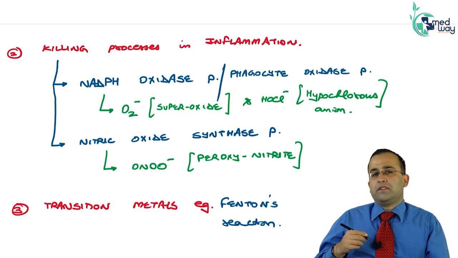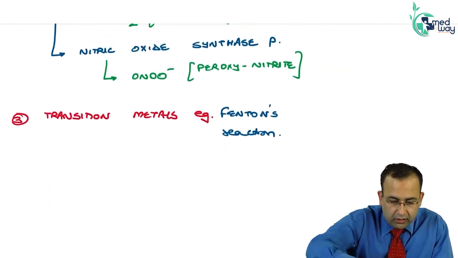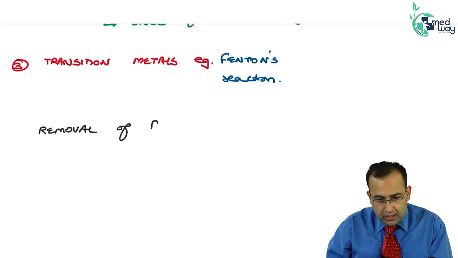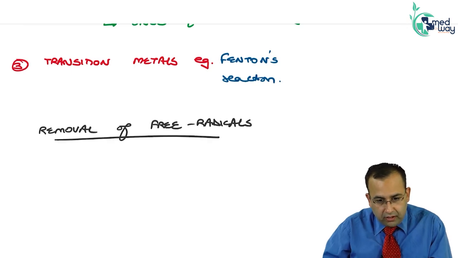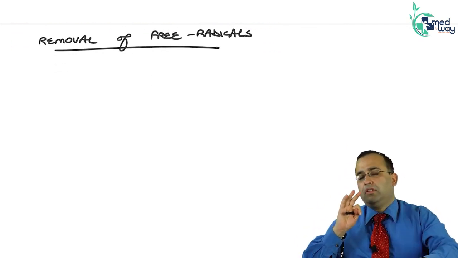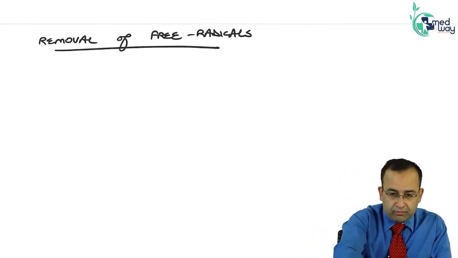And this gets us to the other side, that is removal of free radicals. There are three main pathways by which free radicals are removed.